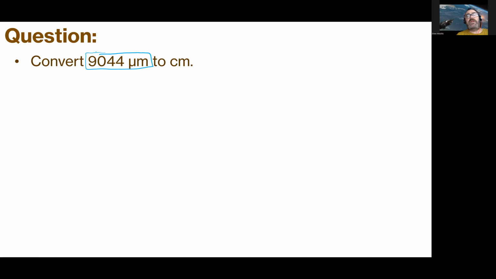I hate to say it, but it takes a little bit of the thinking out of it, so it takes out some of the guesswork and some of the hemming and hawing. So our plan is we're going to take our micrometers and turn them into meters, and then we're going to take our meters and turn them into centimeters.